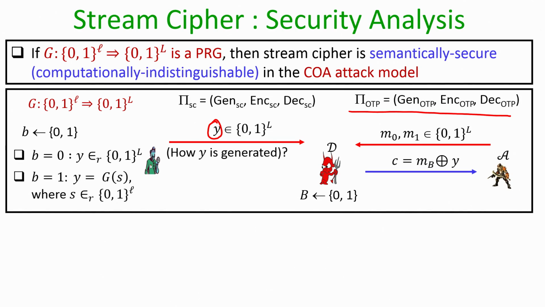Notice that the distinguisher D does not know whether it has created an instance of the OTP experiment or an instance of the stream cipher experiment. Now, depending upon what type of ciphertext C is given to the adversary, adversary A gives an output. That means it tells whether the ciphertext C is an encryption of message M0 or an encryption of M1.